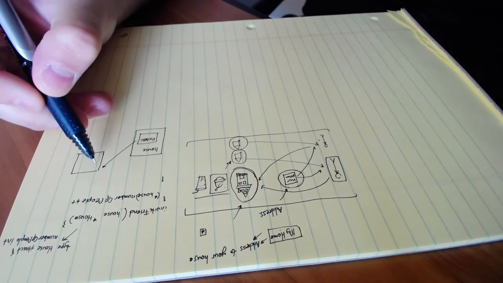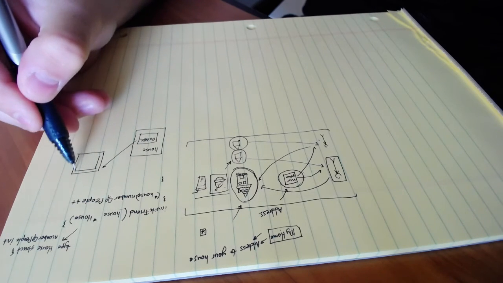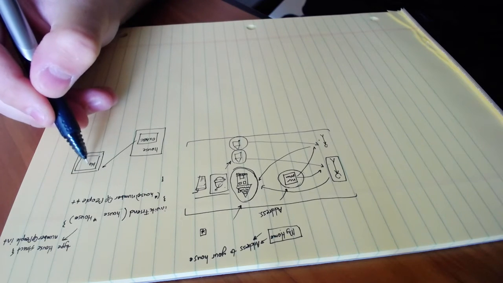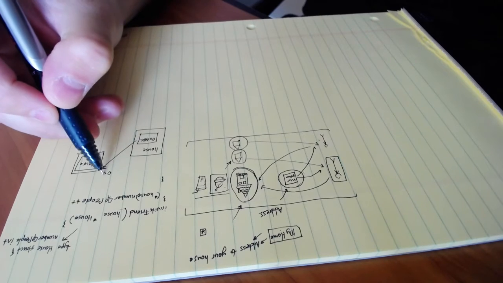And this is where the data of your house is stored. And the address here is ABC.